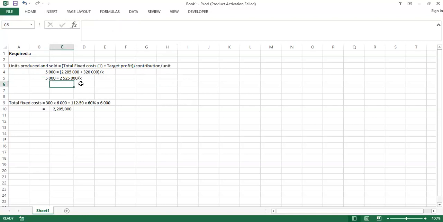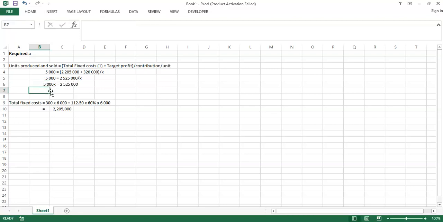All right. So if we multiply by X, we are cross multiplying, multiplying both sides by X. So we would have 5,000X equal to 2,525,000.